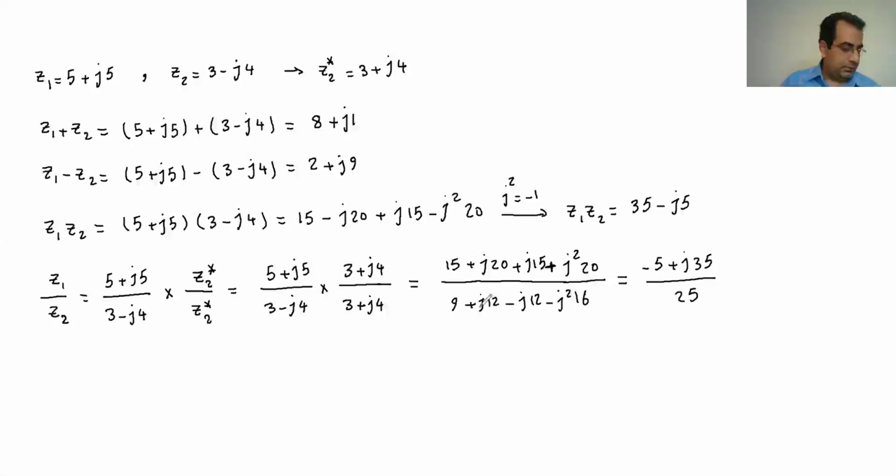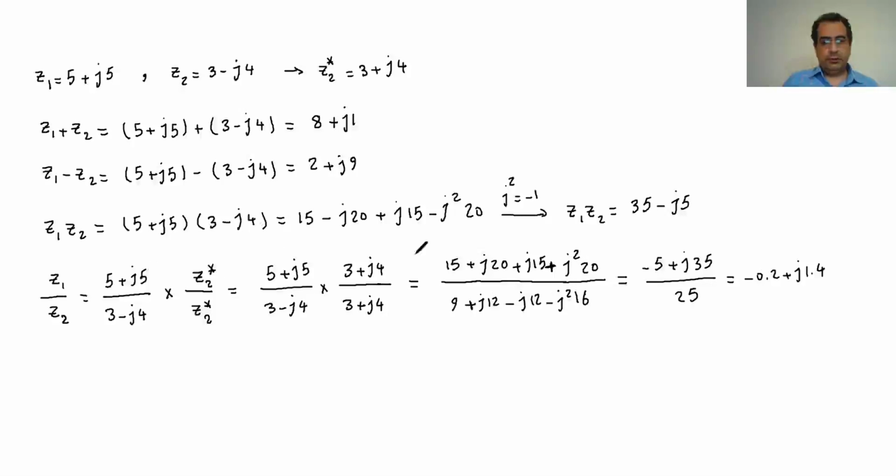And the 9, that's going to be plus j12, then negative j12, and negative j16. So this is what you get, and then you can simplify, just divide each part by that value. So it's going to be negative 0.2 and then plus j1.4. So divide the real part by that value and divide the imaginary part by that value. And that's what you get.